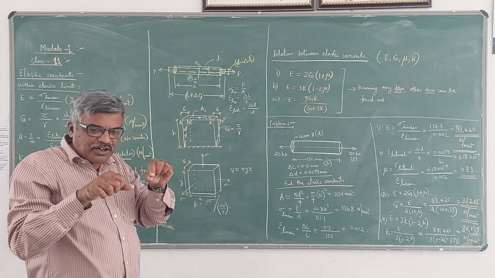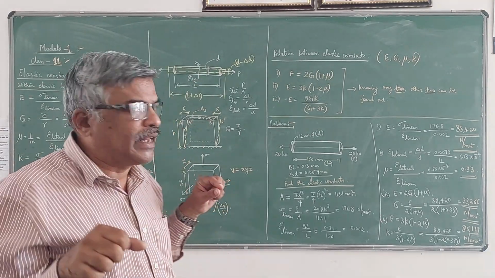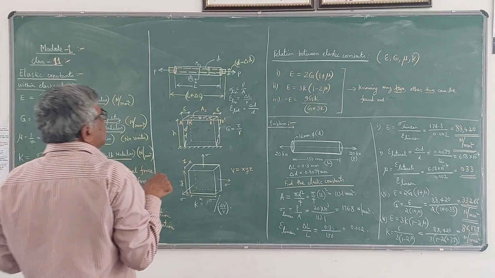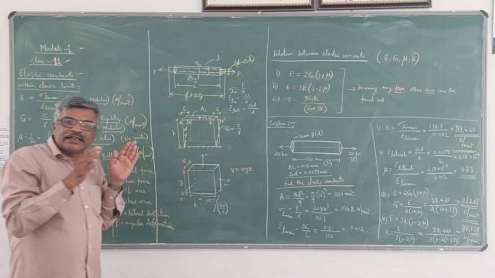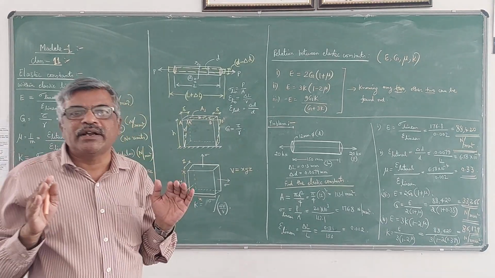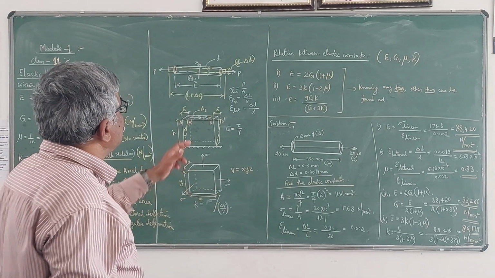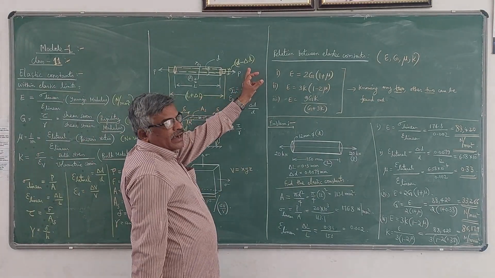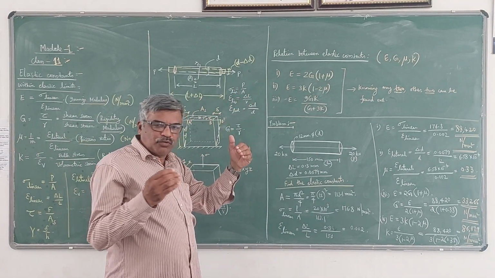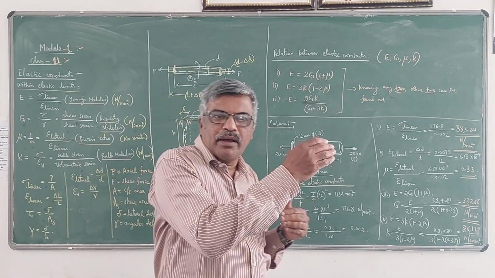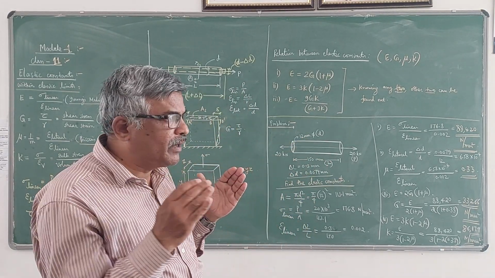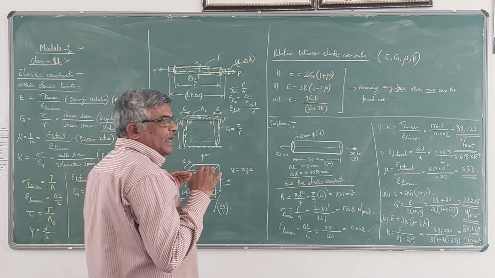When tension force acts on a material or a specimen, elongation takes place, that is length will increase, whereas diameter reduces. Here delta D is the reduction in the diameter. If compressive force acts on the same member, then length will be decreased and diameter will be increased.